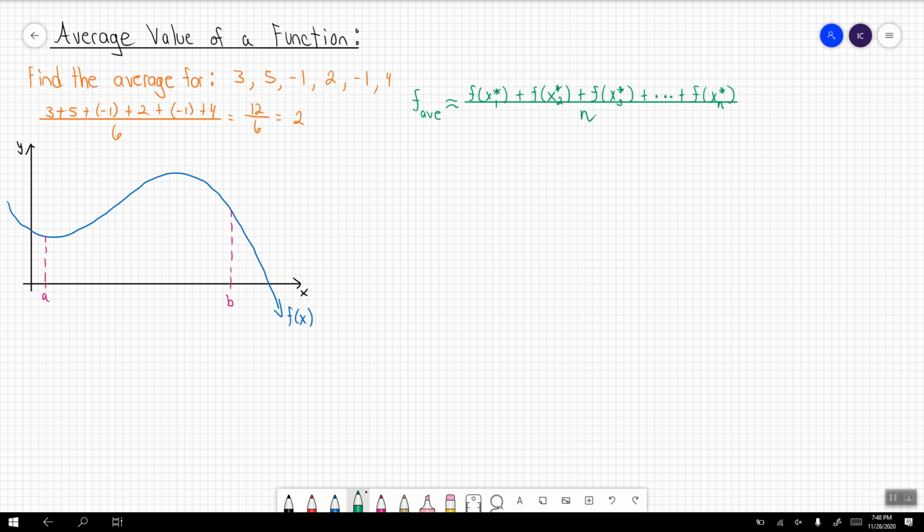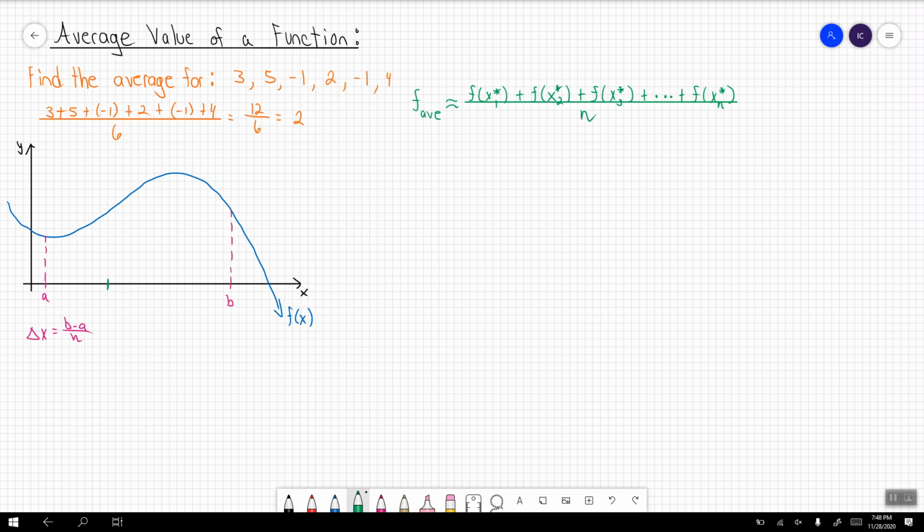Let's look at my interval from a to b. If I were to take my interval from a to b and subdivide that interval, meaning that I take my delta x and subdivide this into n subintervals, then what I'm looking at is this subdivision of the interval that has very small intervals. Within those intervals, we're going to be able to find any random sample point.